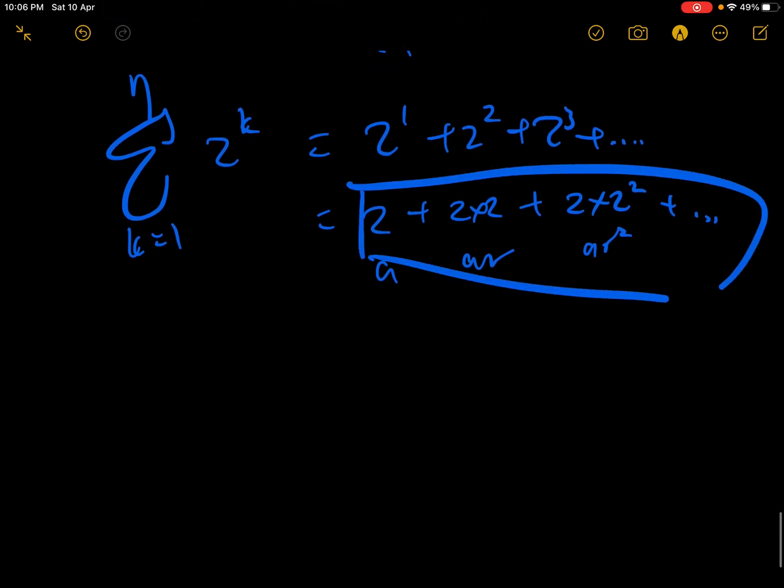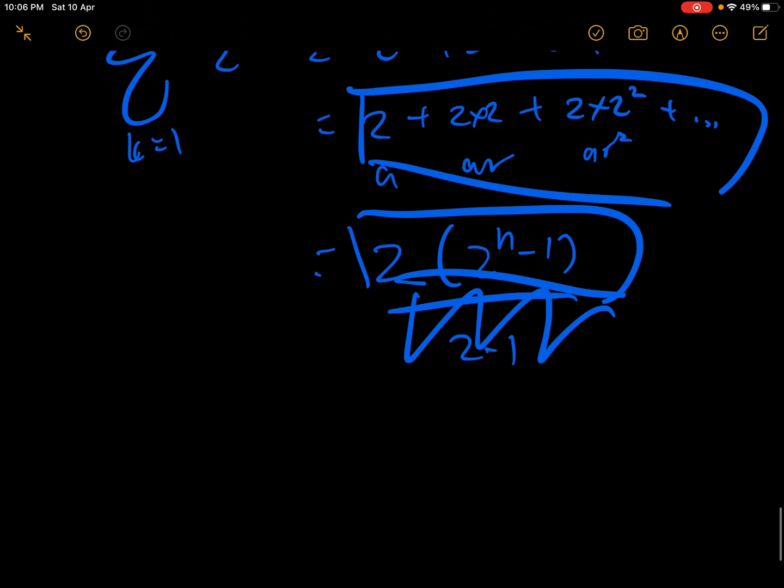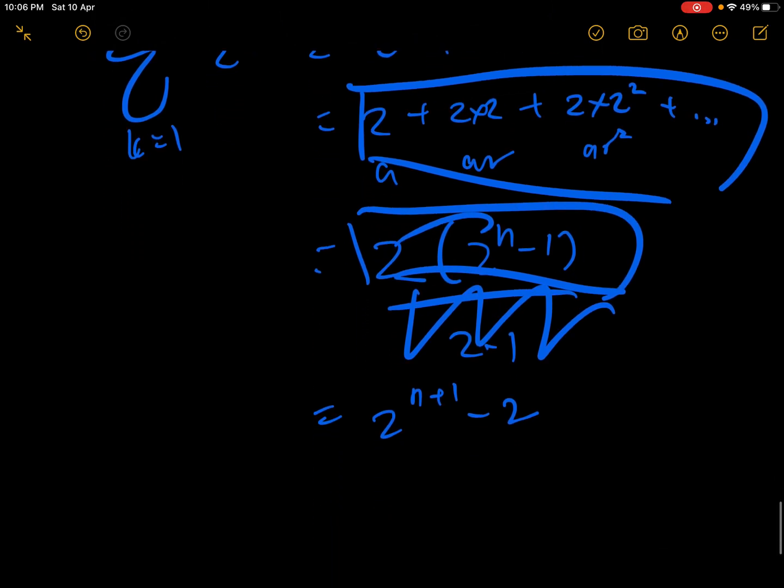So you can convert this into the GP formula, which is a times r to the n minus 1 over r minus 1, so 2 times (2 to the n minus 1) over 2 minus 1. Multiplying it in, it will be 2 to the n plus 1 minus 2, and I believe that is your final answer. I'm pretty sure I'm correct.